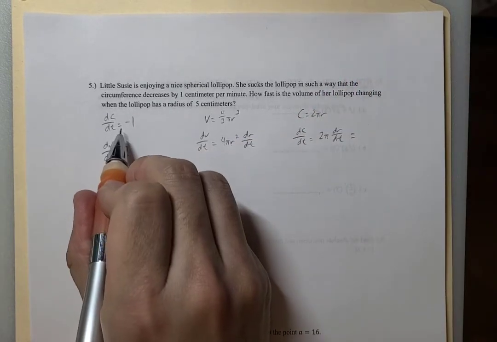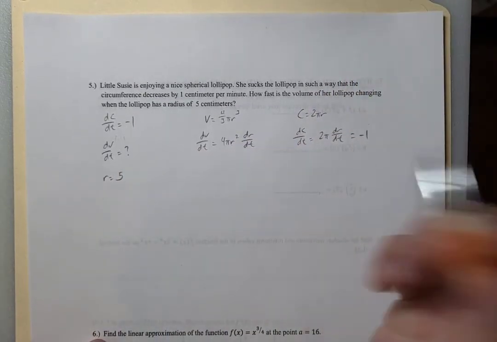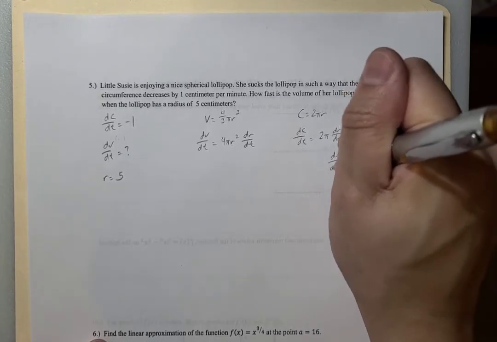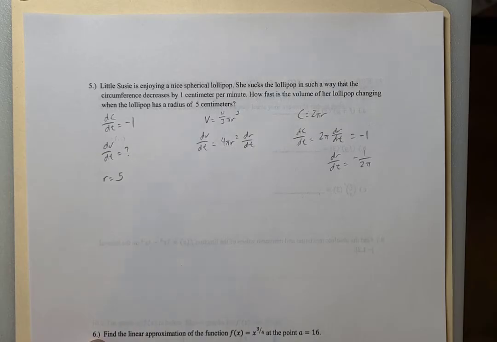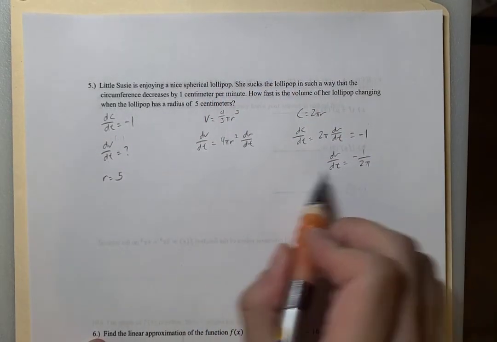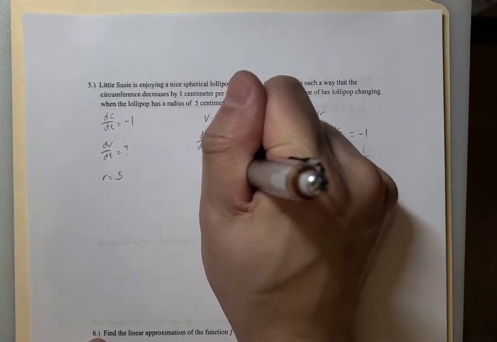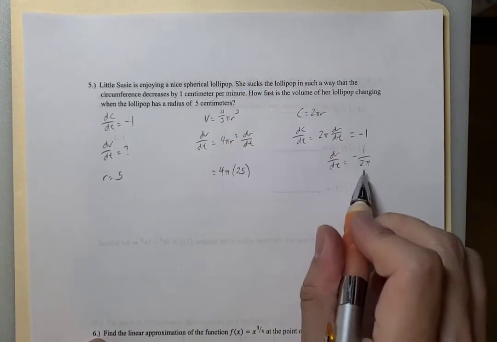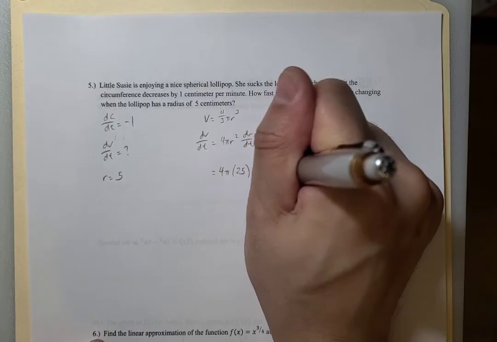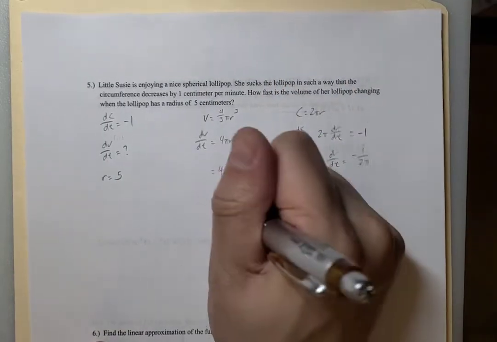And we said dC/dt is negative 1. Well, we didn't say it. They give it to us. So dr/dt is minus 1 over 2 pi. Okay, so now we can plug it in here. So we have 4 pi, r is 5, so 25, dr/dt is minus 1 over 2 pi. Okay, we can simplify.